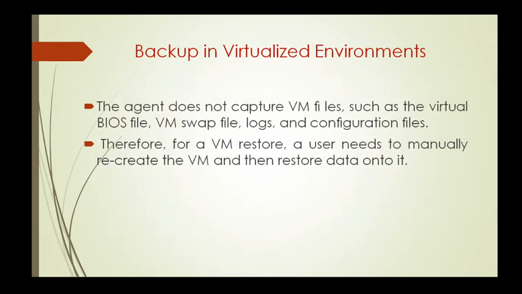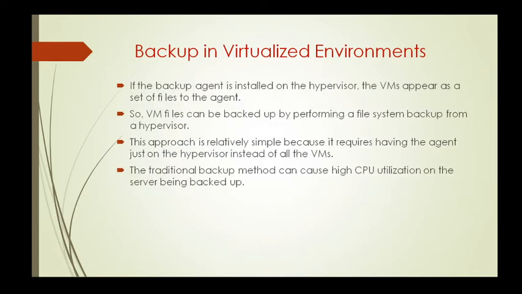The agent does not capture virtual machine files such as the virtual BIOS, that is basic input output system file, virtual machine swap file, log files and configuration files. Therefore, for a virtual machine restore, a user needs to manually recreate the virtual machine and then restore data onto it.